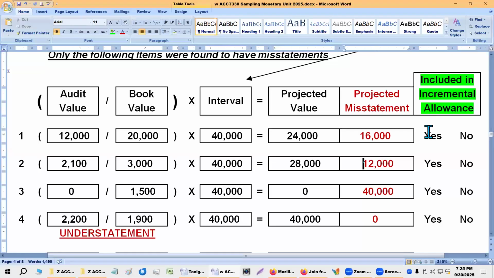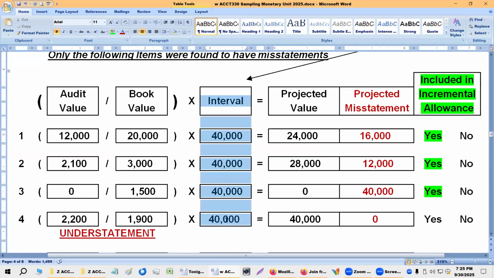So let me show you how this works out. And included in the incremental allowance, these first three are yeses, because there could be more things wrong in that interval.